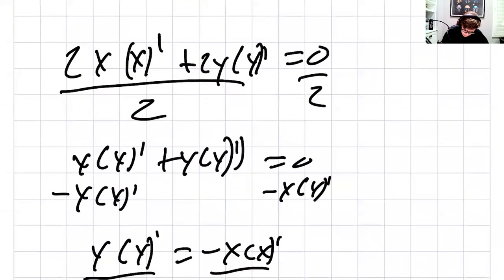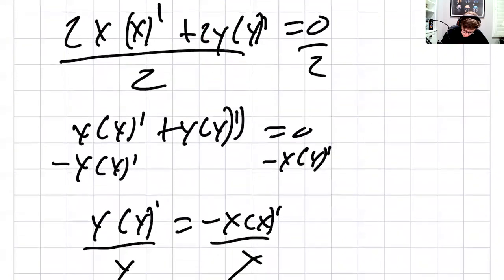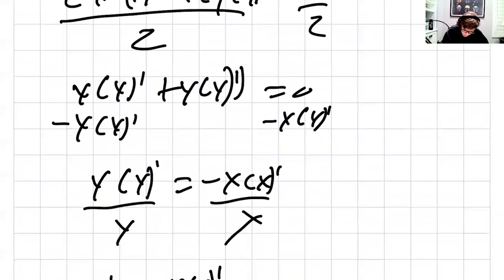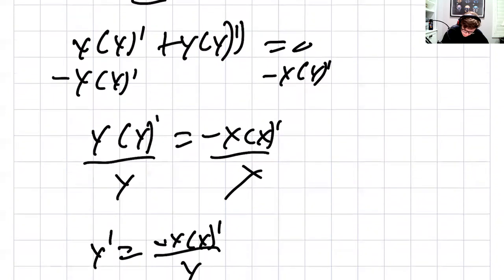Divide both sides by 2 to cancel these 2's out. So then you have x times x prime plus y times y prime is equal to 0. You can subtract the x x prime from both sides because we are looking for the y prime here, which is the rate at the top when it's falling.